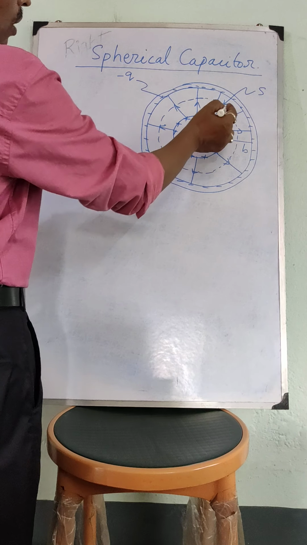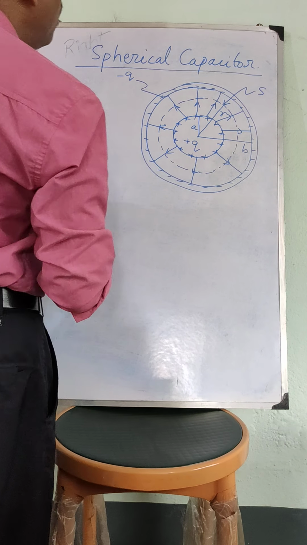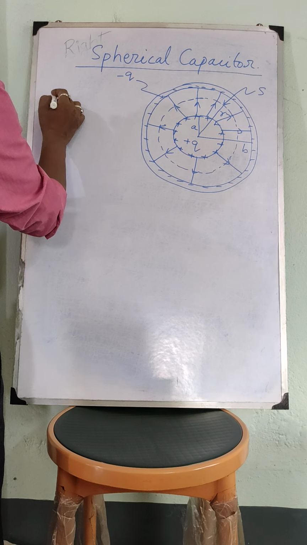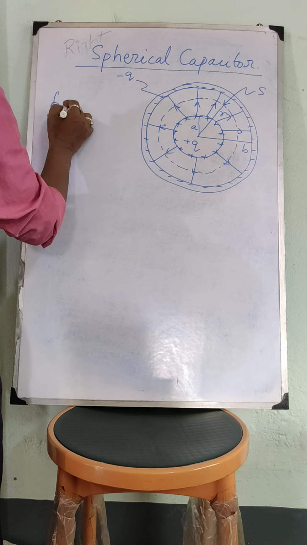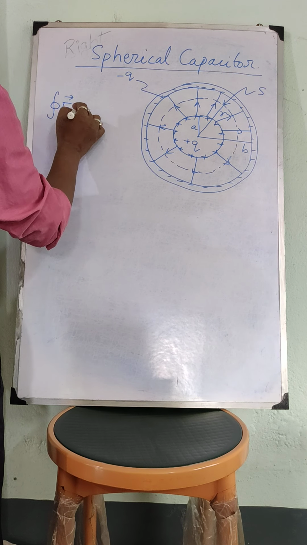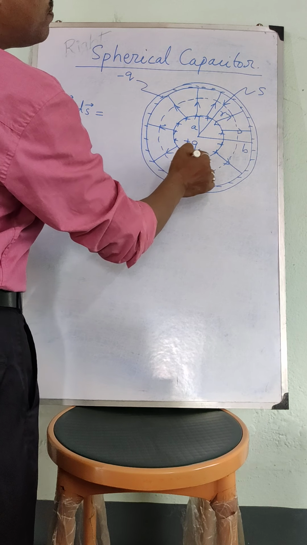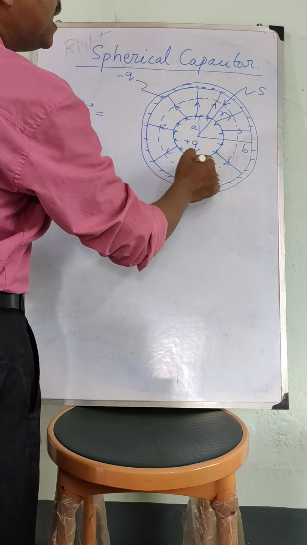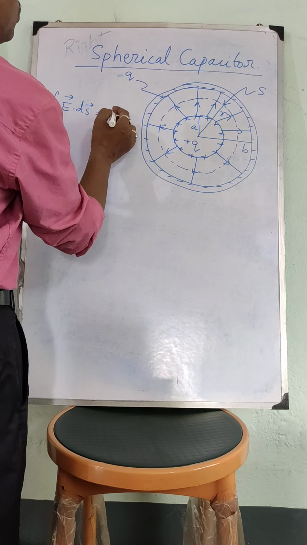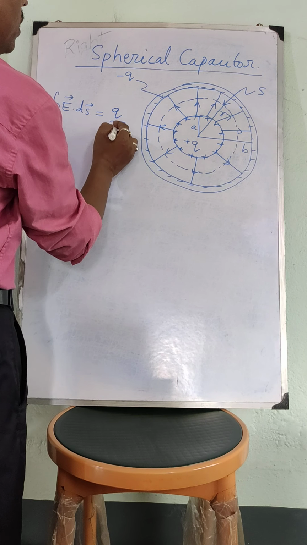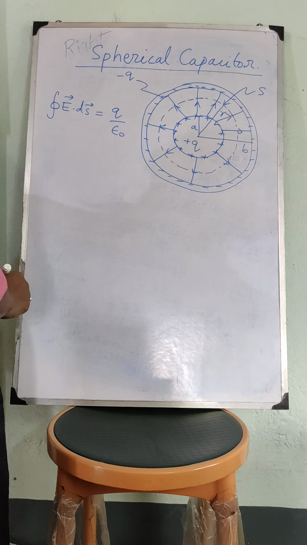Now according to Gauss's law, surface integration of E dot ds is equal to net charge enclosed by S. Now net charge enclosed by S is just plus Q. So Q divided by epsilon 0.